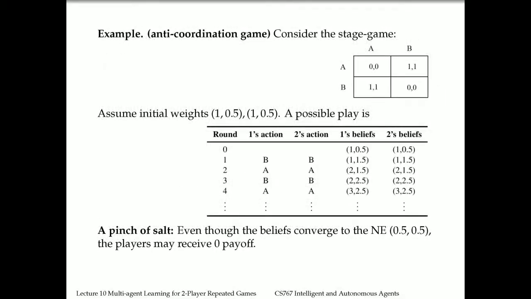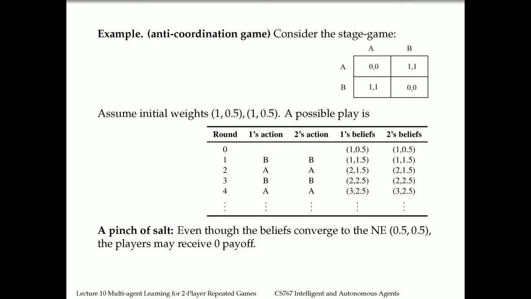Right. So that's the positive news. Let's look at the case of an anti-coordination game. We have AA being 0, 0, BB being 0, 0, and AB and BA being 1, 1. The goal of both players is to have a mismatch in their actions. And assume that we adopt initial weights 1, 0.5, 1, 0.5 for both agents.